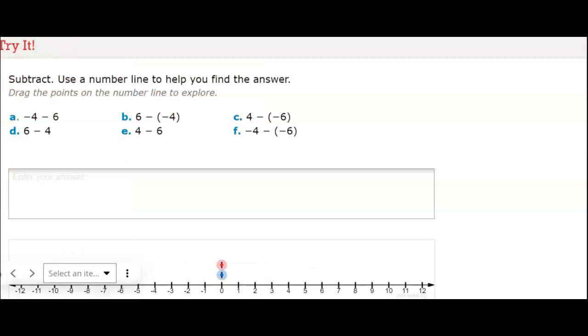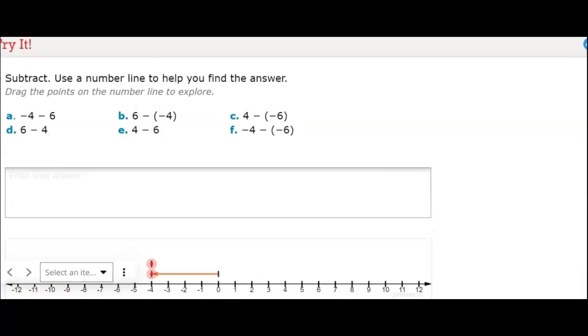Subtract. Use a number line to help you find the answer. Okay, so we have -4 minus 6. So let's use the number line. I have -4, and I'm going to be taking away 6.